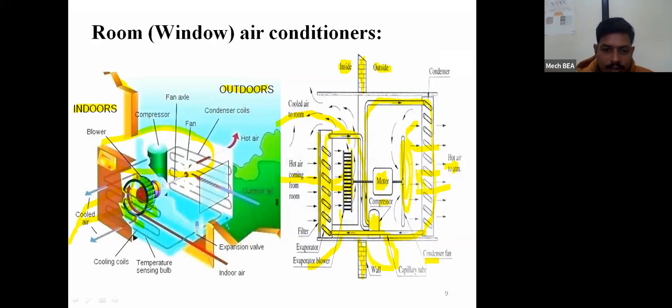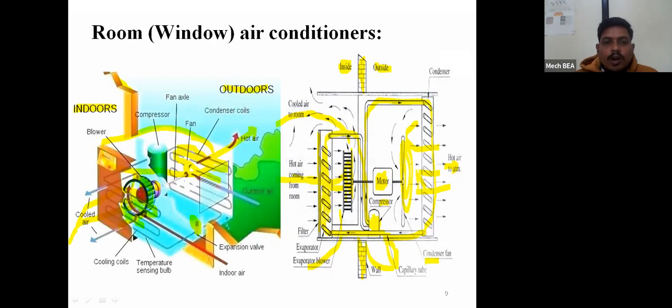This part is called the condenser, this is called the compressor, and here we have the expansion device. Hot air is rejected to the atmosphere, which was absorbed by the refrigerant inside the cooling coil, or the evaporating coil.